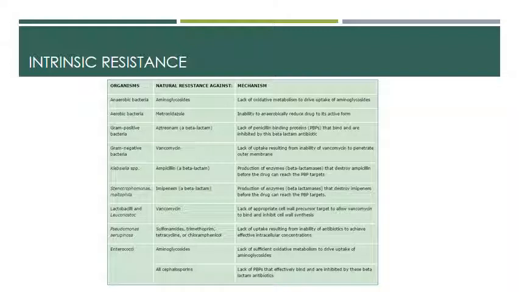And then finally, intrinsic resistance. Intrinsic resistance is important. There are certain organisms that are intrinsically resistant, meaning built-in resistance. It didn't develop it to a particular group or class of antibiotics, which means that you would not include these drugs in your sensitivity panel when you're considering either reporting to the doctor or whether or not it's a multi-drug resistant organism.